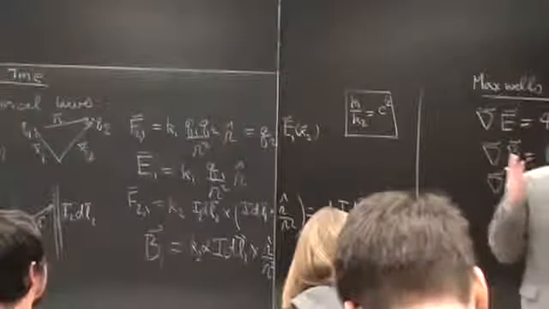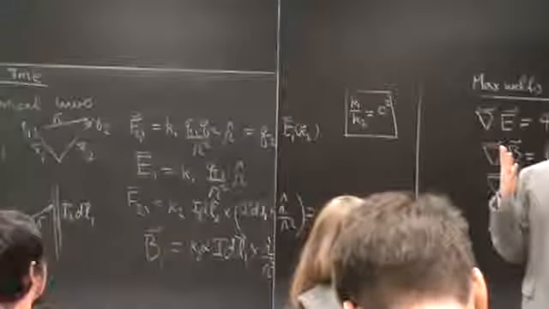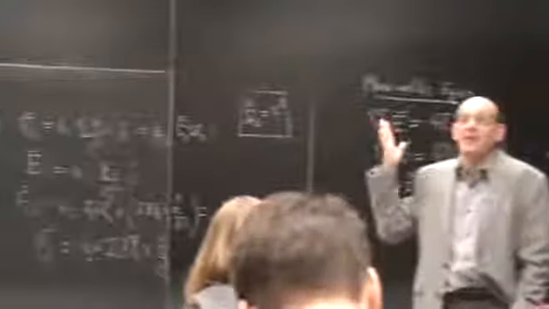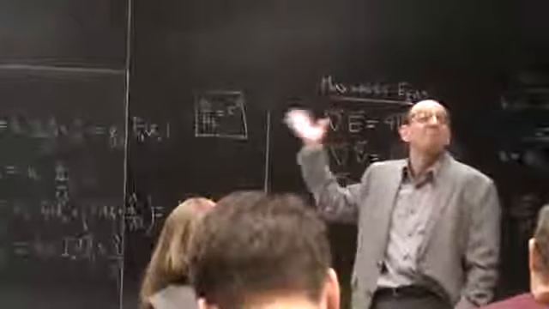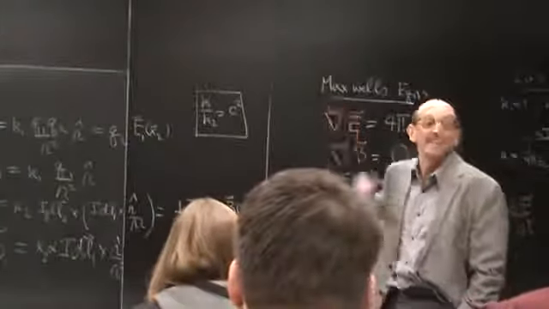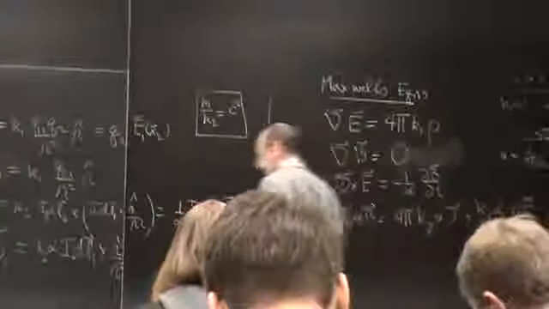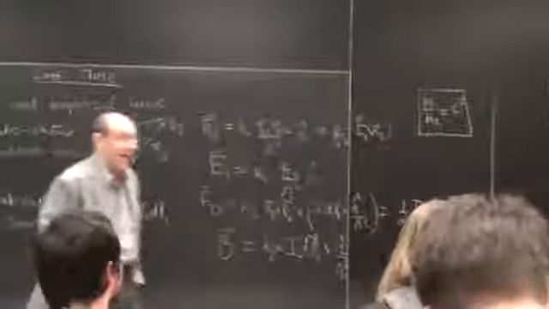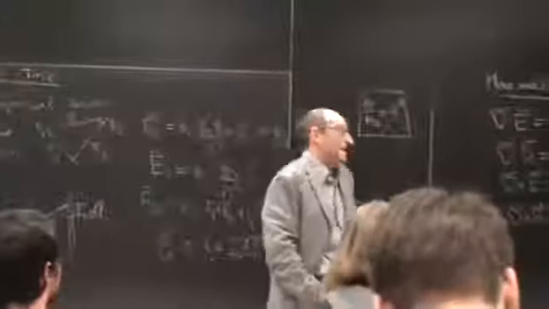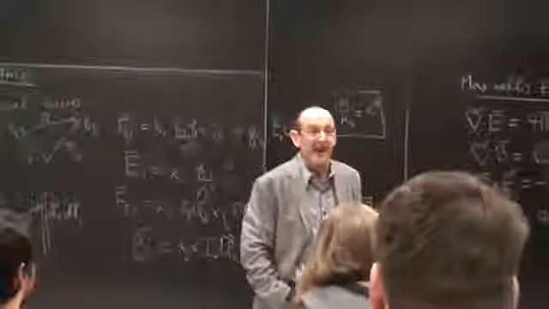And that turns out, empirically, to be nothing other than the speed of light, which is already a hint about the relationship between light and electricity and magnetism. A profound hint, in fact.